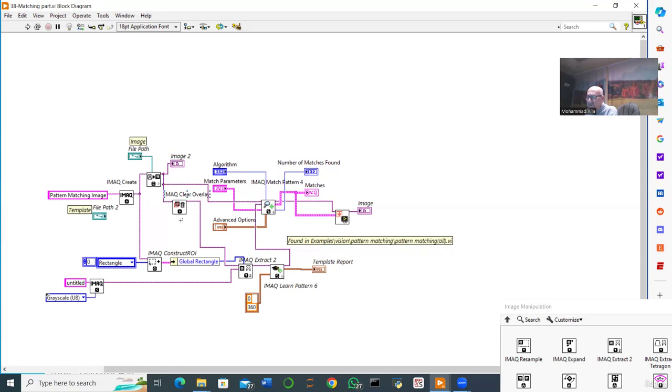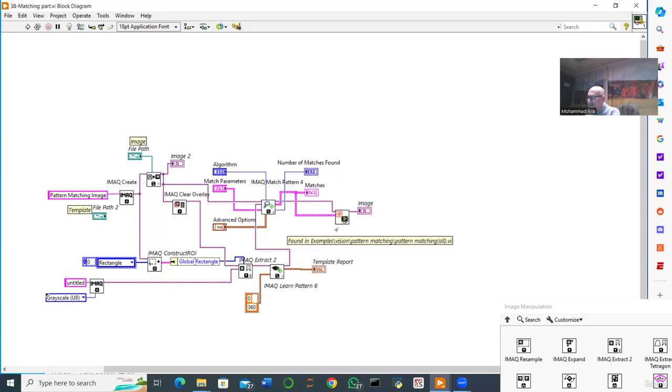For safety purposes, we used IMAQ clear overlays at the beginning, after reading the image, and feeding it to the IMAQ extract number 2. Other elements are known for you.